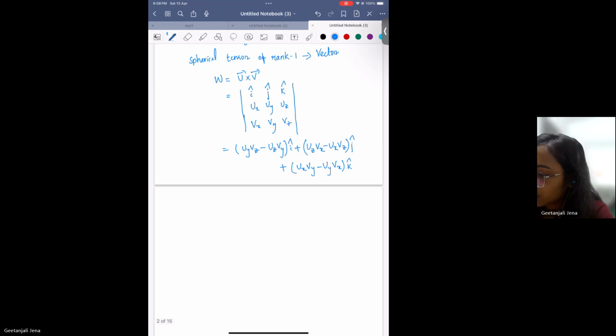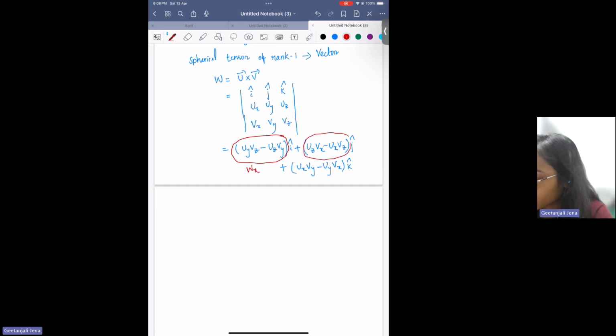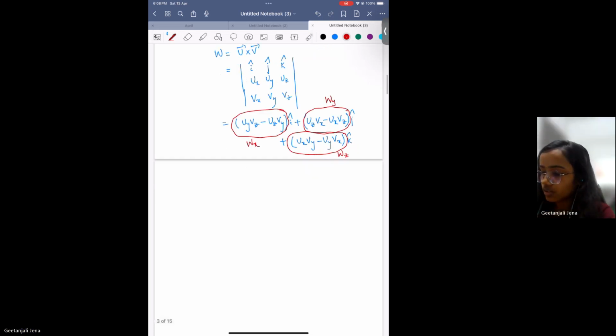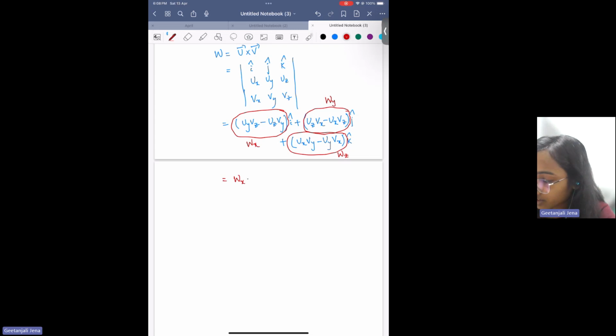Now you can write the i component as wx, the j component as wy, and the third term as wz.